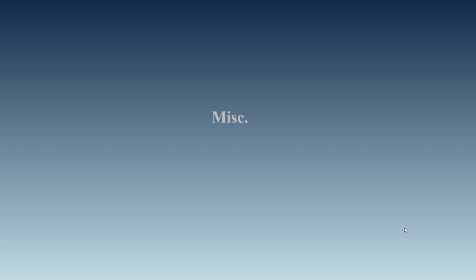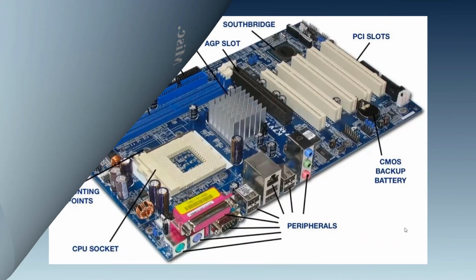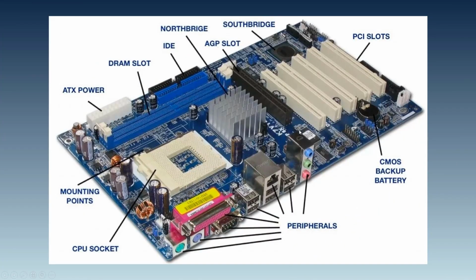And there are some miscellaneous concepts I have not covered yet, so let's go through them. First one is the motherboard. This is the main board where all the components are inserted. Like I said, on this slot your RAMs get inserted, and this is the place where your CPU gets inserted. These are the ports for your sound card and graphic card, and this is the Ethernet port for connecting to the internet.